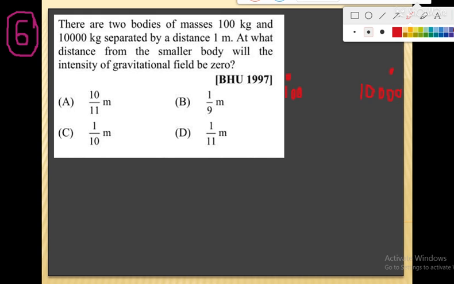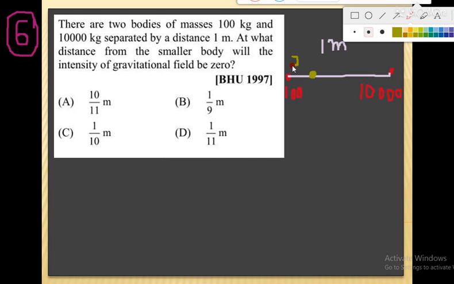This is 10,000 kg and this is the distance between them, that is 1 meter. So this distance is 1 meter. I hope we have studied that gravitational field property. The gravitational field किस point के पास 0 होता है. So it will be near this point, 100 के पास कोई पॉइंट होगा जिसके पास ग्रेविटेशन फील्ड 0 होगा.